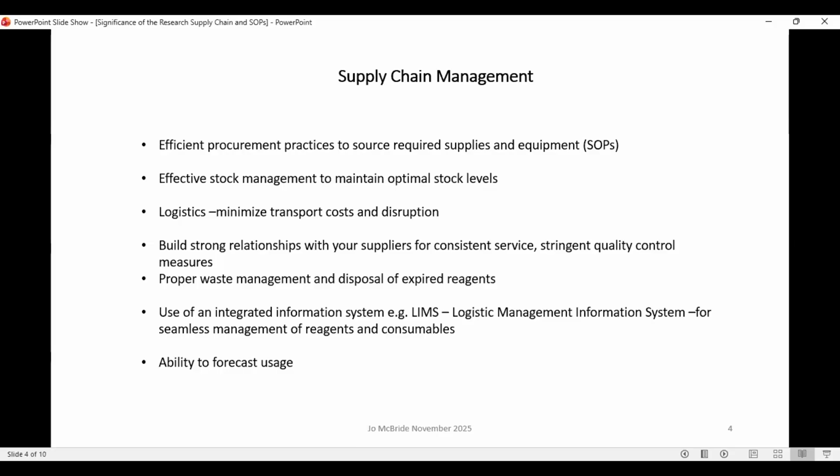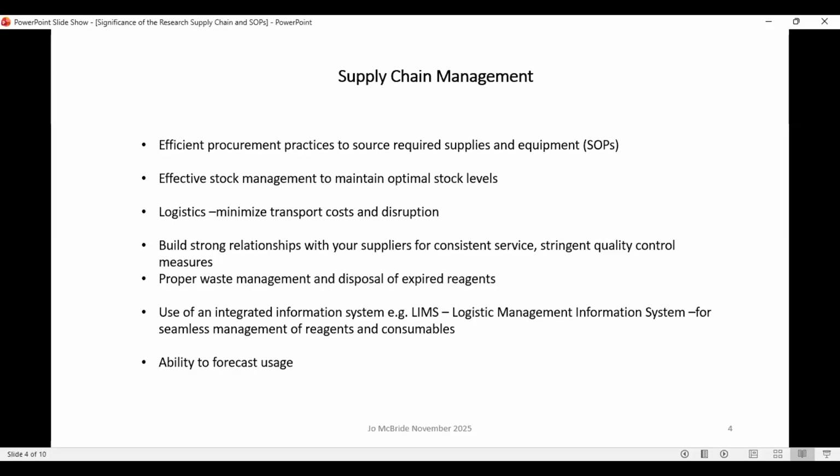So effective stock management in order to maintain optimal stock levels means that you have to do things like your stock counts, and also be able to project what you might be using in the months ahead, or if something unexpected happens, or especially for specific projects.